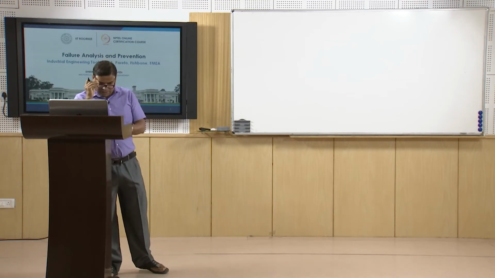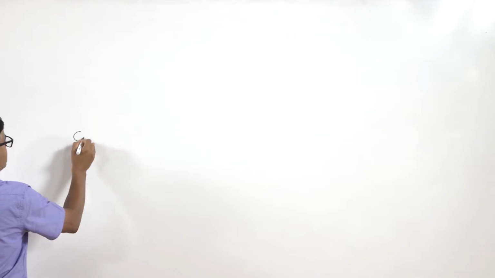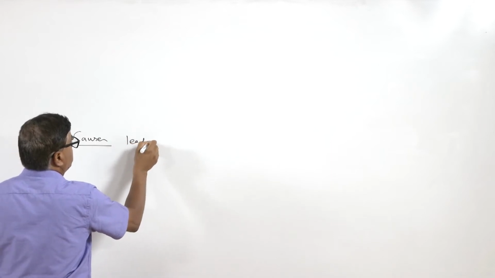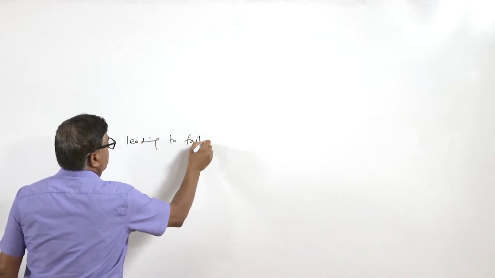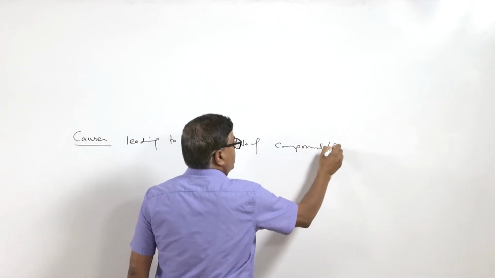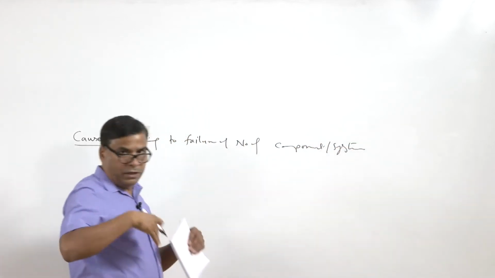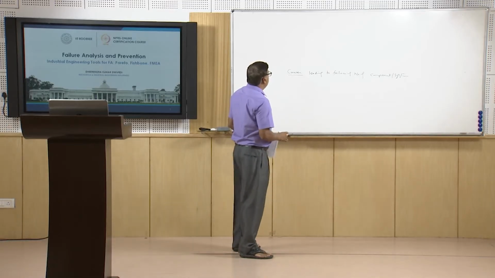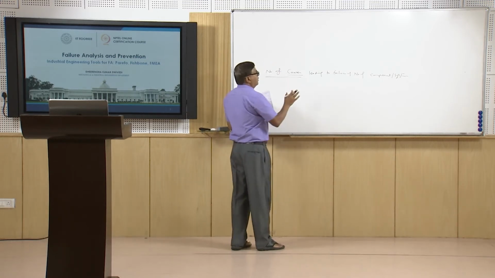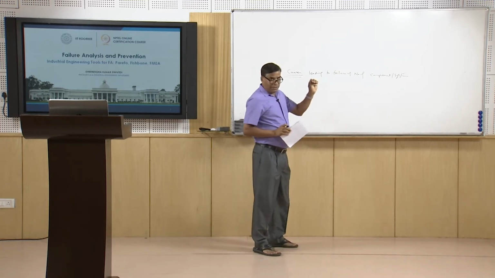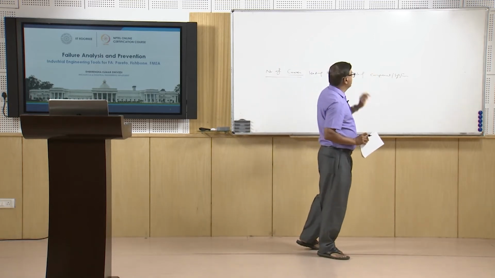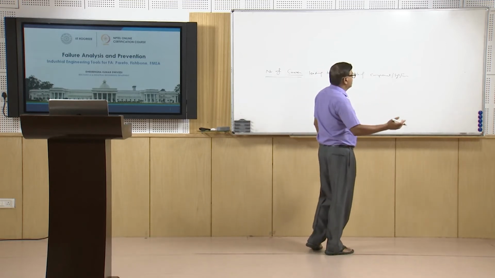The first one here is: if there are various causes leading to the failure of a number of components or systems in a shop floor or the product which is being manufactured by a company, then when the number of causes is very large, how to zero in on those few causes that should be addressed first in order to avoid the failures of the component during service or before it is transferred to the customer.